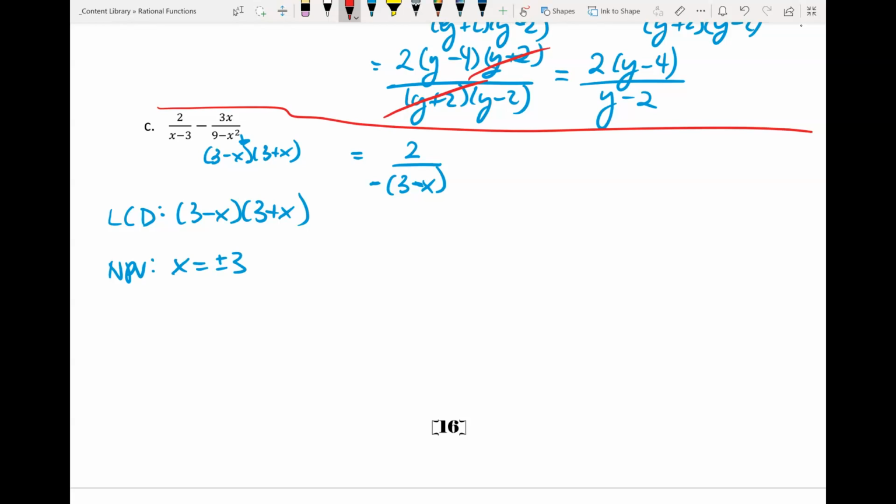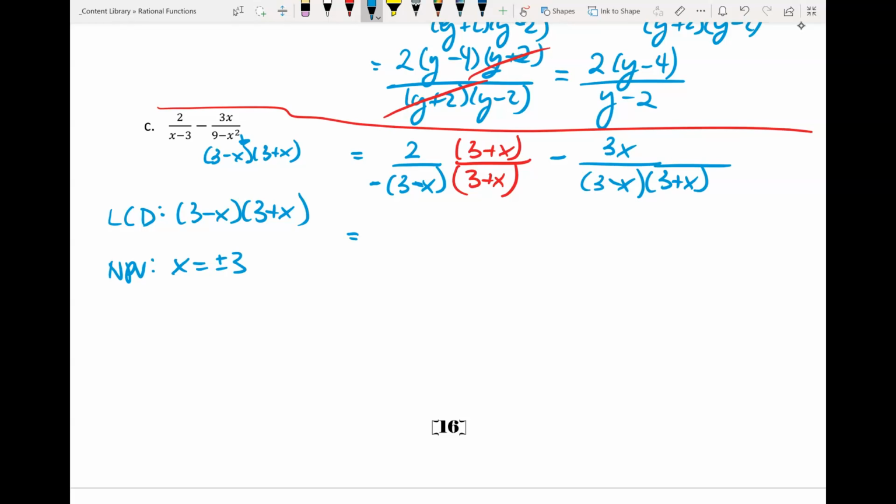And then from here, I also need a 3 plus x. So I'm going to multiply top and bottom by 3 plus x then. For our second rational, it already has the LCD in it, so I'm just going to leave it as is.